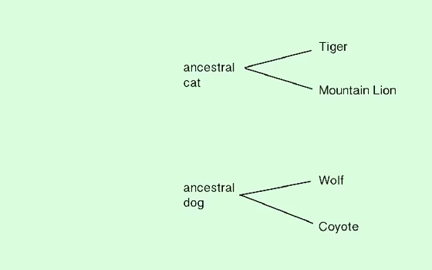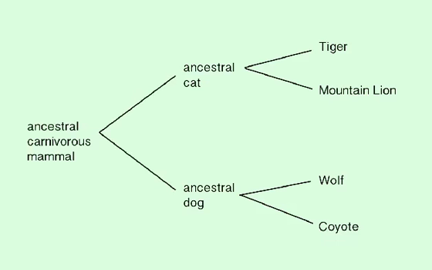There might have been a kind of generic cat-dog ancestor, something that was generically carnivorous, and similarly there, one of the descendant populations from this ancestral carnivorous mammal species became more and more cat-like in its evolutionary trajectory, giving rise to the ancestral cat, and the ancestral cat split off into two different factions, one of which evolved into a tiger, the other one into a mountain lion, and the other lineage of ancestral carnivorous mammals might have given rise to a dog-like ancestor. And this is a gross oversimplification.